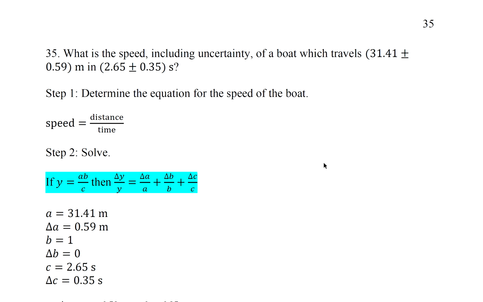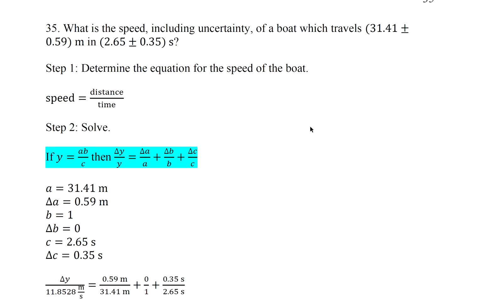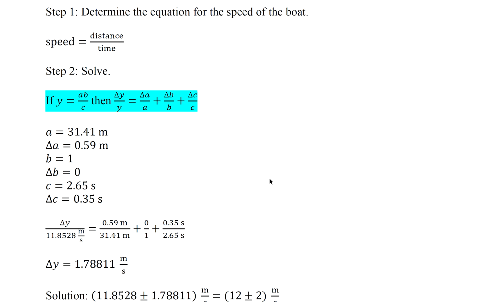We could solve for speed. Sorry, the answer is going to be meters per second. So it's going to be 31.41 divided by 2.65. That's meters per second, and that's 11.8528. So that's y. Then we plug in everything to the equation to get delta y.